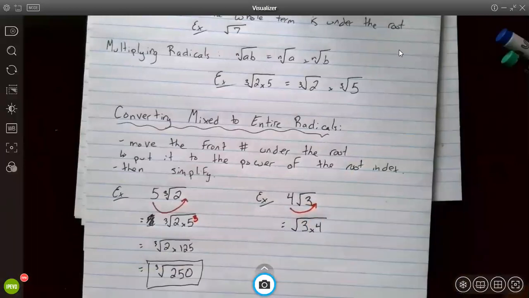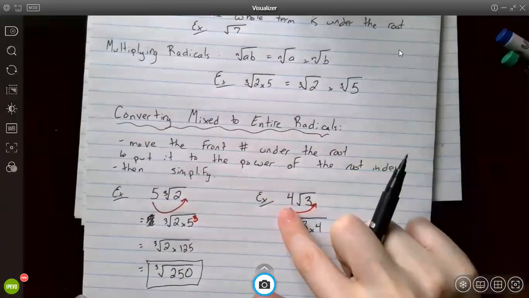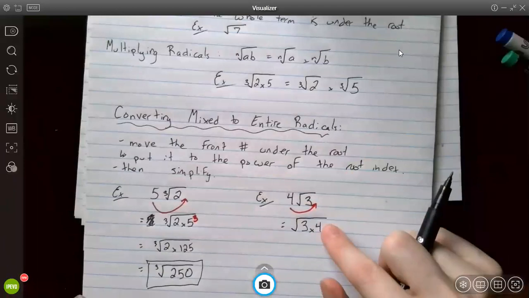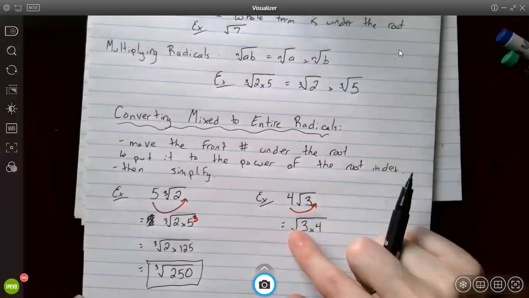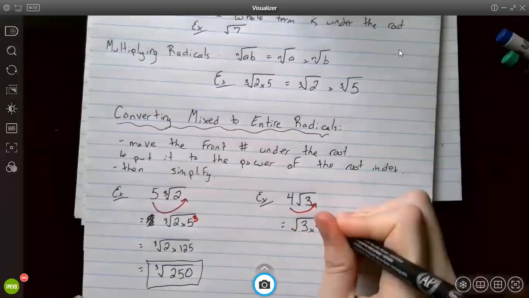And then once again, I have to put this 4, the number that I moved underneath, to the power of whatever the index of the root is. Because this is a square root, there's an imaginary little 2 right here, which means that my 4 is going to be put to the power of 2.